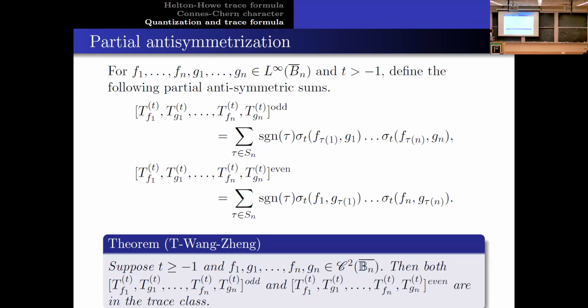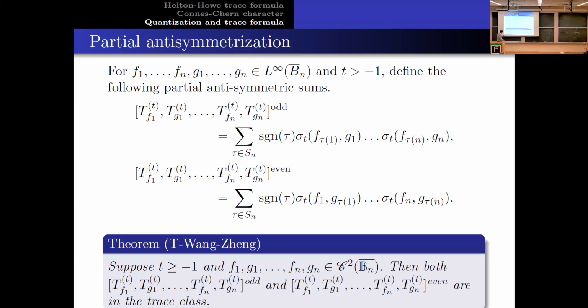So this is an analytic improvement from the Helton-Howe observation. The full antisymmetrization is a trace class operator, but actually it's enough to do the partial antisymmetrization. It's already a trace class operator.